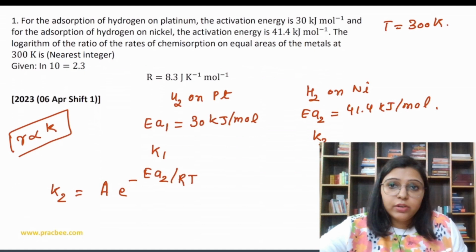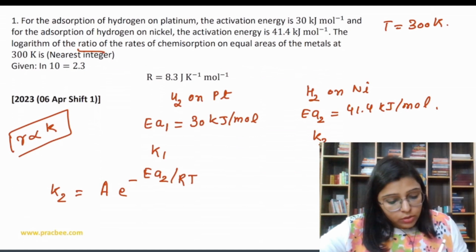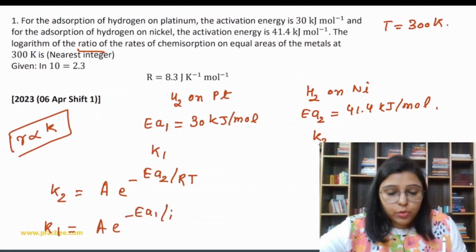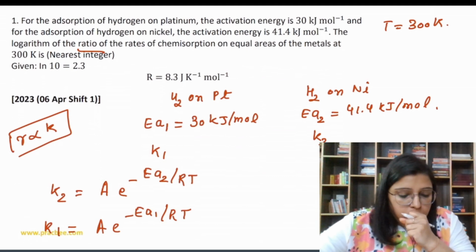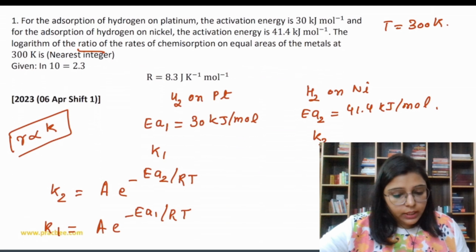We have to find the value of the logarithm. And K1 is equal to A e to the power minus EA1 upon RT. We have to find this ratio. That's 30 kilojoule and that's 41.4 kilojoule.